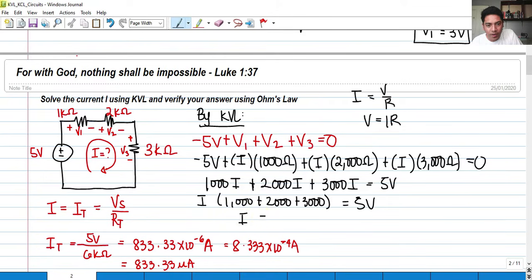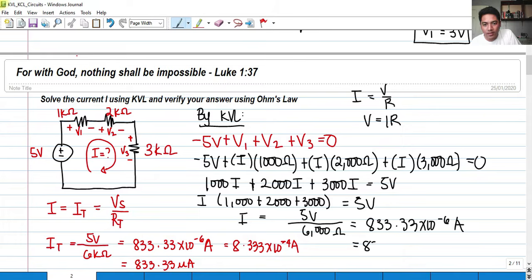Isolating I by dividing, we have 5 volts over the sum: 1,000 plus 2,000 is 3,000, plus 3,000 is 6,000 ohms. That is our resistance. So 5 volts over 6,000 ohms, or 6 kilo ohms, the result is 833.33 times 10 raised to negative 6 ampere, or 833.33 microamperes. So that should be our answer.